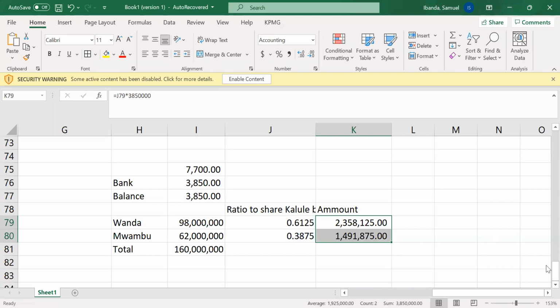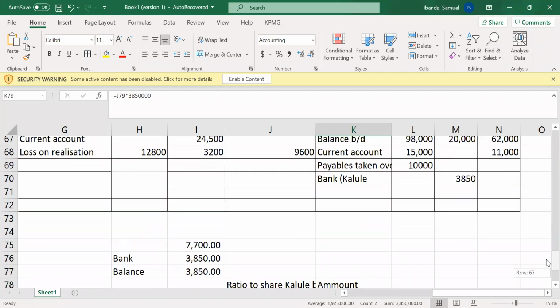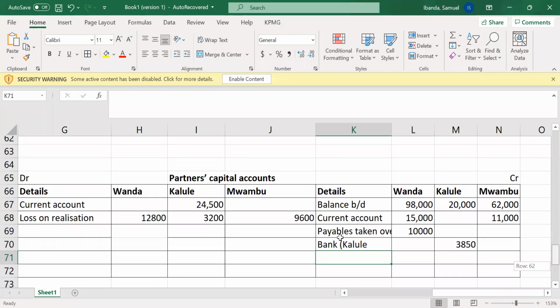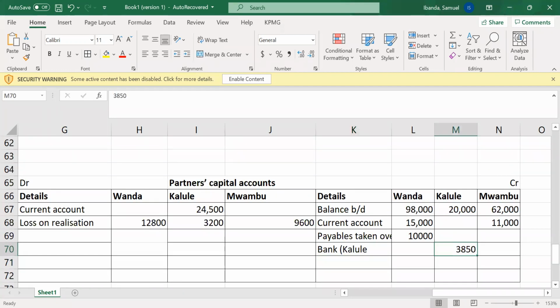Now, these values are supposed to be brought to the capital account, because we are going to recognize the sharing. Just like the way Karule paid the 3,850, now his balance is being shared between these respective partners. So we shall say share of Karule's deficiency.